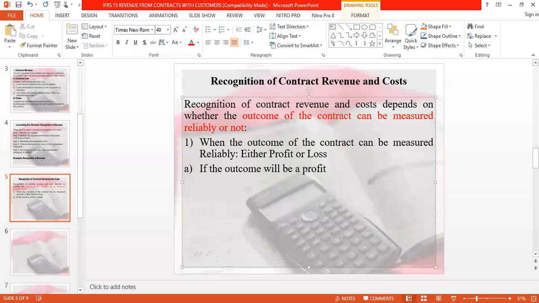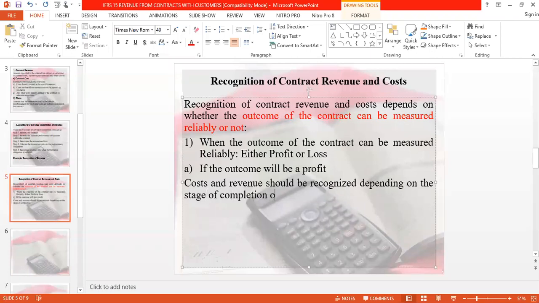If the outcome will be a profit, costs and revenues should be recognized depending on the stage of completion of the contract. Please take note of that.